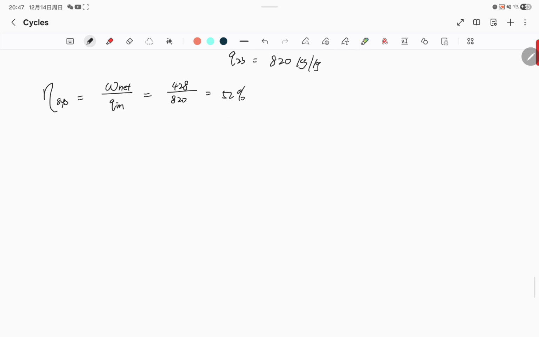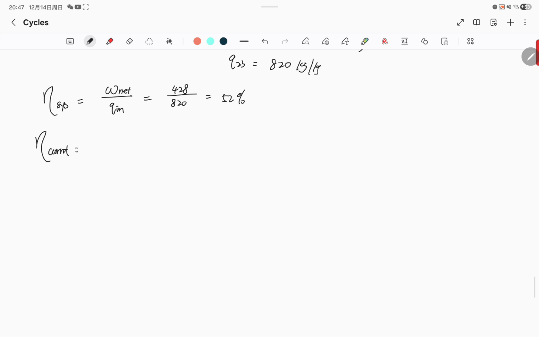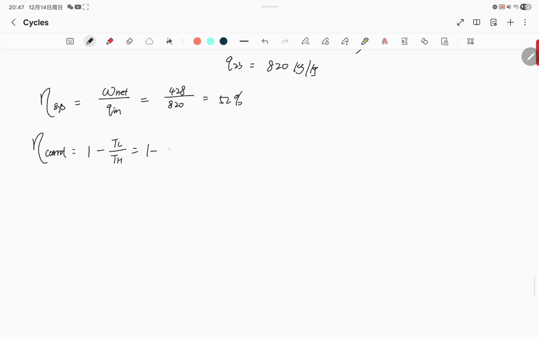Let's compare that to Carnot. What is Carnot? Carnot tells you the idealized efficiency, which is the theoretical maximum efficiency. In real life, you are pretty far away from that value. If you see your value is too close to this value, something's wrong. If you see your value is higher than or equal to this value, something is absolutely wrong. Low temperature divided by high temperature. I'm going to use Kelvin.